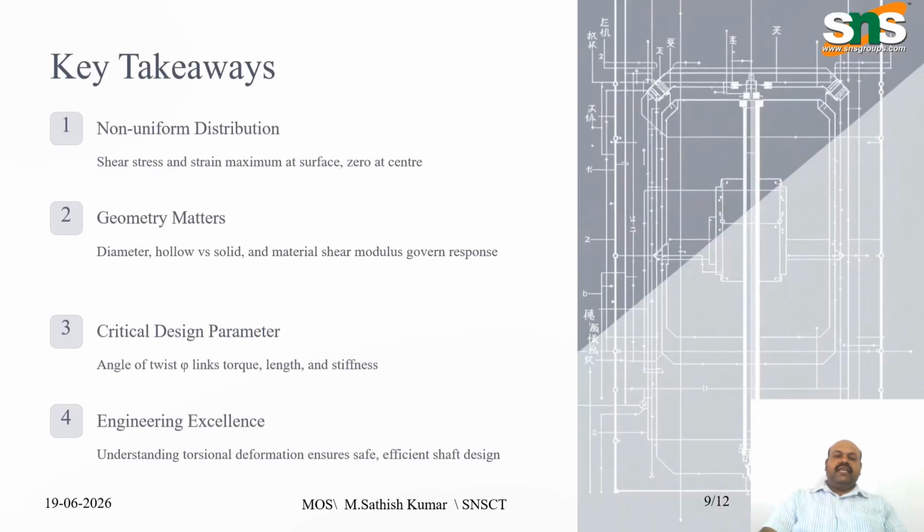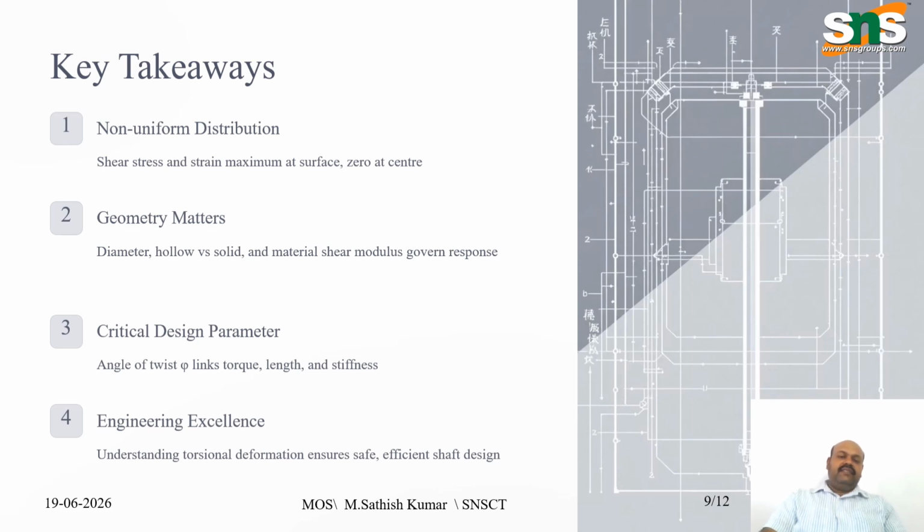Coming to the key takeaways of this lecture, we have a non-uniform distribution where shear stress and strain are maximum at the surface and 0 at the center, that we have seen already. The geometry matters: diameter, hollow versus solid. These three different things, and material shear modulus governs the response.